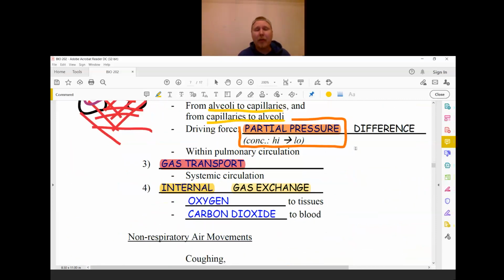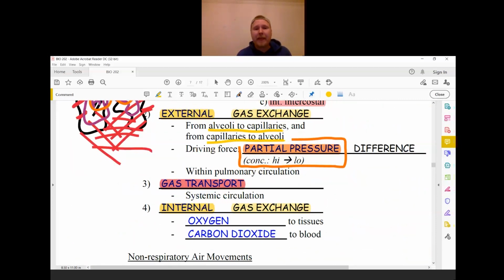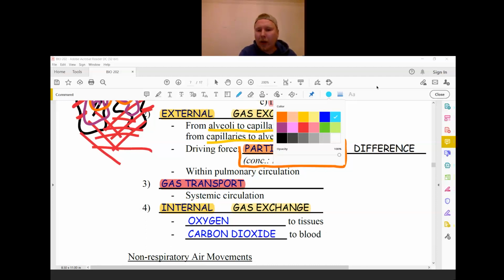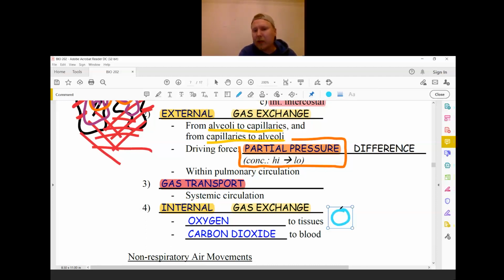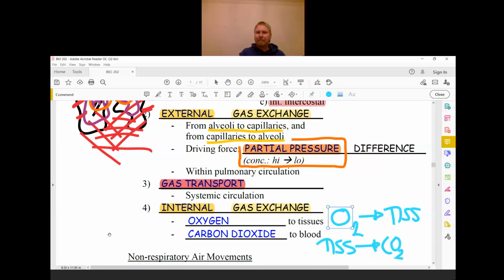So what happens now is that we have the oxygen moving to the tissues, and tissues give up the carbon dioxide to the blood within the capillaries.